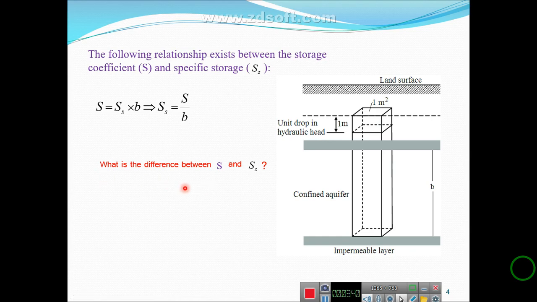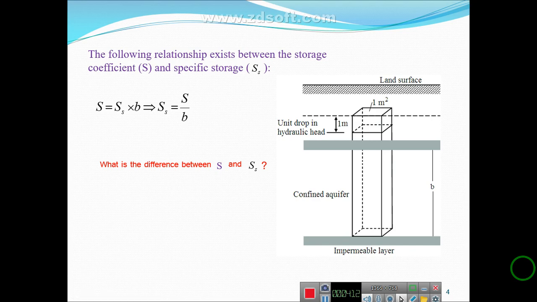One may ask this question: what is the difference between a storage coefficient and a specific storage? Consider in this figure, a storage coefficient is the volume of water removed from a unit area of an aquifer, I mean a confined aquifer, for a unit drop in hydraulic head.